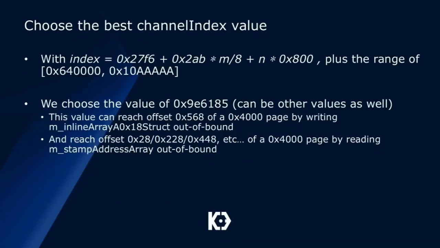Here, you don't need to understand all the details of the congruence theory, you only need to remember the conclusion: when the index equals this and is within this range, we are able to overwrite an arbitrary offset in a page. At last, we choose the value 0x9E6185, which means it can reach offset 0x568 of the 0x4000 page by writing this mInlineArray out of bound.